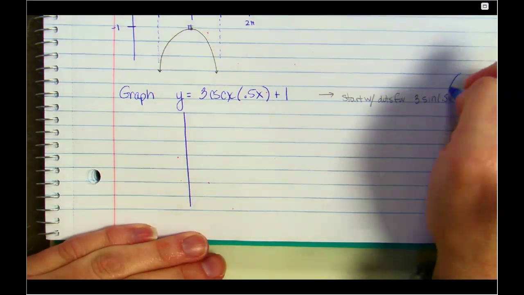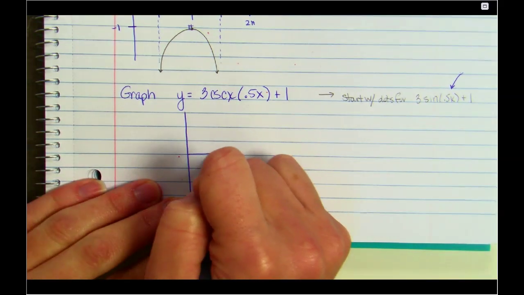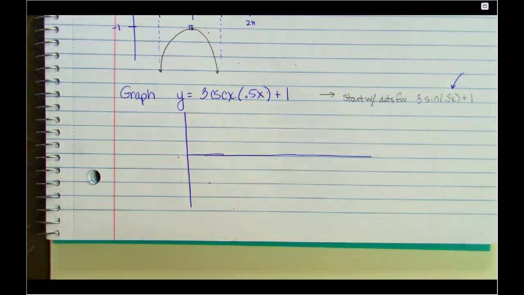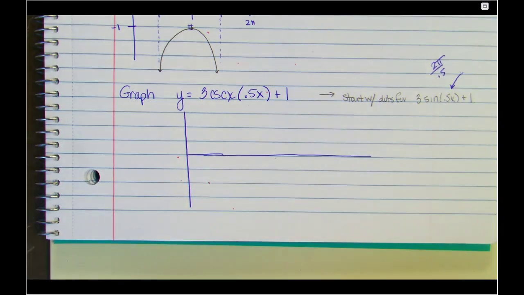So start with this. That's B. B is 0.5. So what's the period? It's 2 pi divided by 0.5, 4 pi.